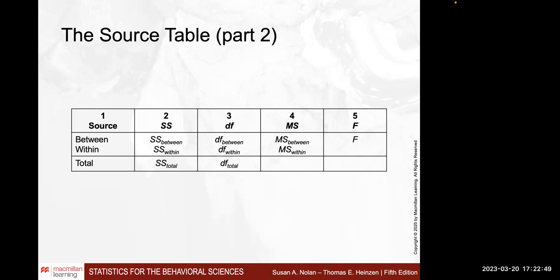Then you have the degrees of freedom, and your MS, the mean square for that respective calculation, and then a respective F. The MS is basically nothing else but your variance, because you calculate sum of squares divided by degrees of freedom, and that gets you to your variance. That's how simple it is in essence.